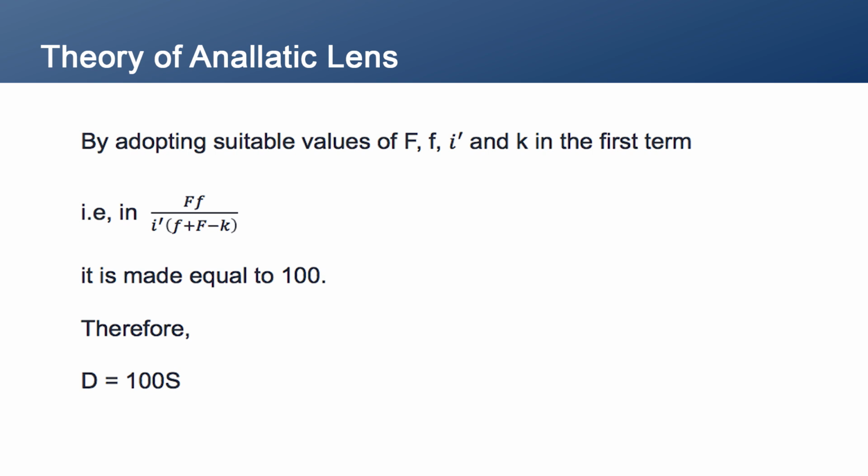Next, by adopting suitable value of capital F, f, I dash and k in the first term, that is in the term capital F by I dash into f plus f minus k, it is equal to 0. Therefore, D is equal to 100s.